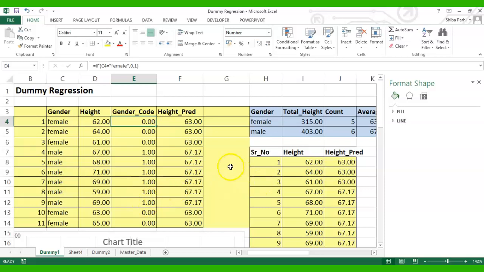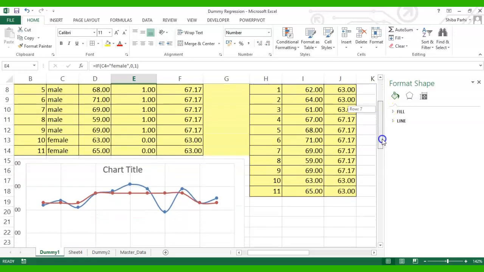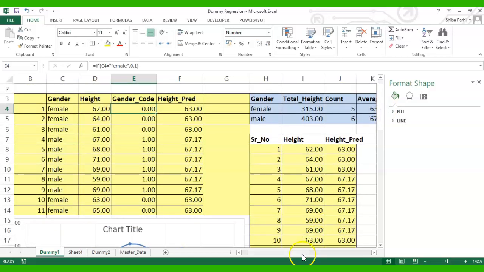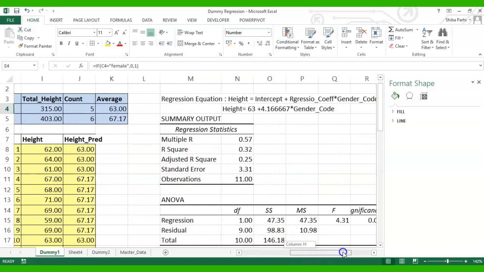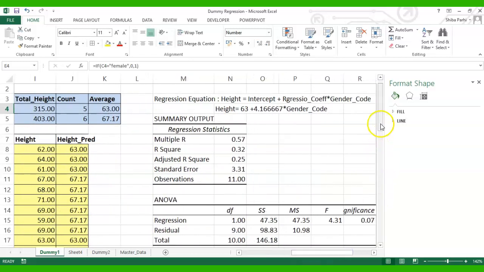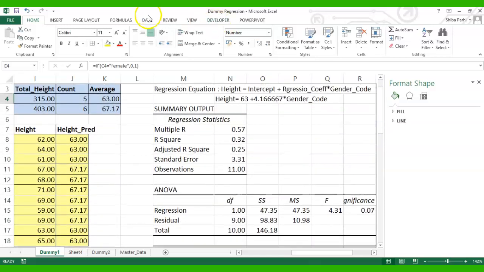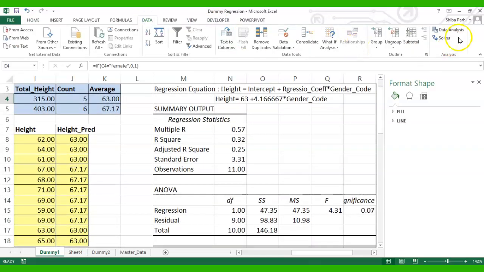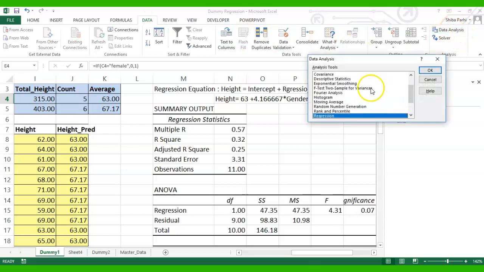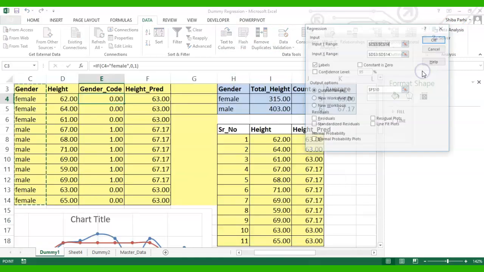On that basis I did the regression here. So I framed the regression equation. If you want to do the regression, what you have to do is simply go to the data, go to data analysis and go to regression.